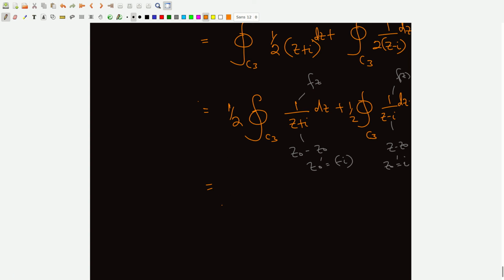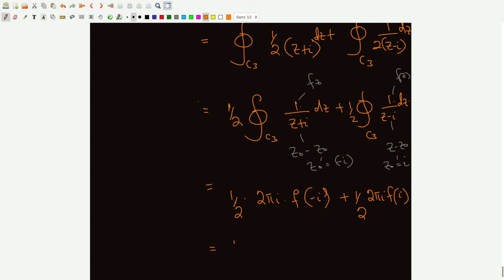So when you simplify, you have 1/2 times 2 pi i f of z naught, where z naught is minus i, plus 1/2 times 2 pi i f of z naught, which is f of i. But it doesn't matter because our f of z is just a constant function.